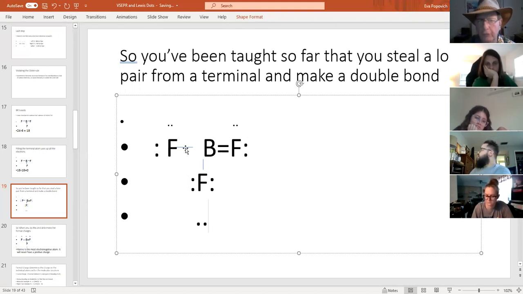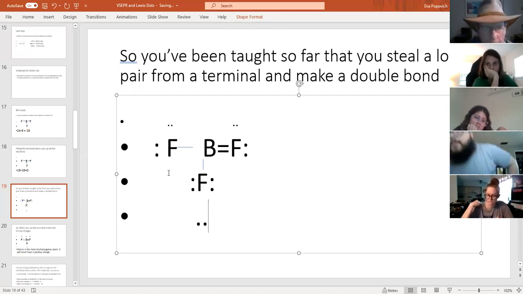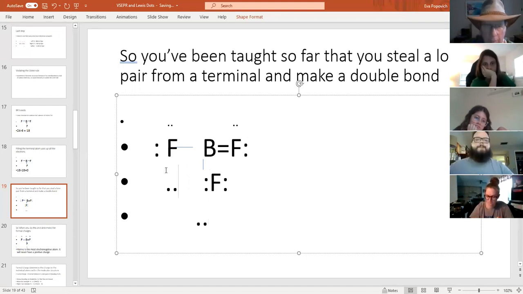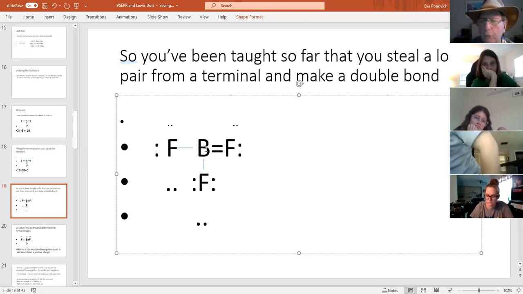This one has a single bond and three lone pairs. And the bottom one has 2, 4, 6 and a single bond to it. This is what you would expect, right, ladies and gentlemen?